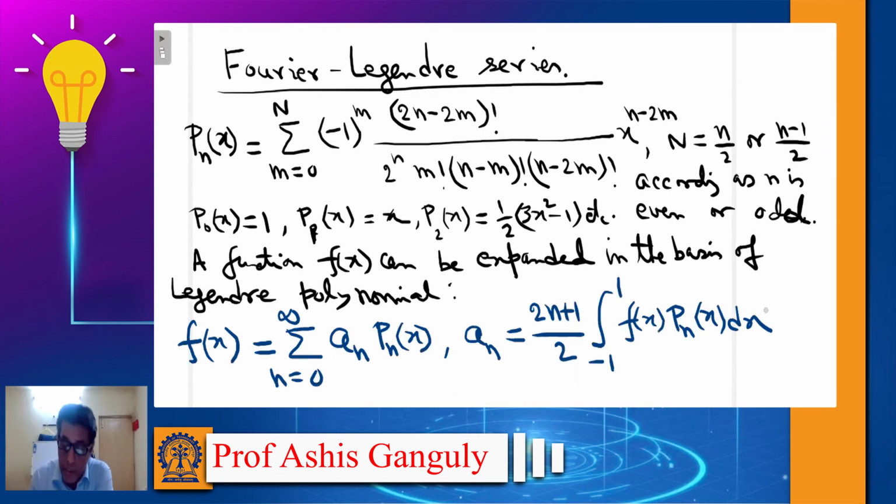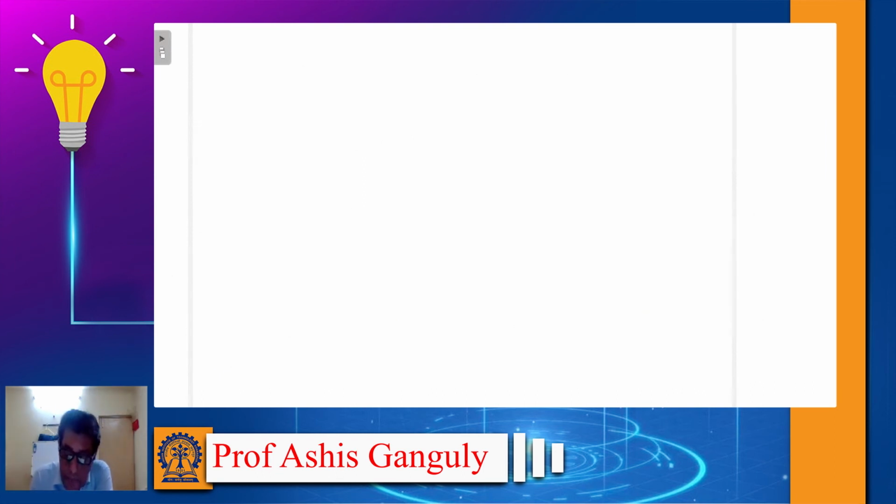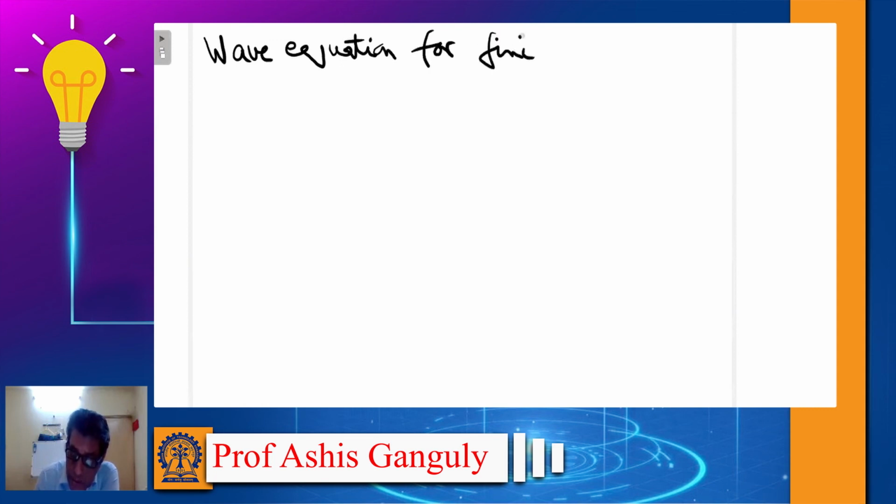Fourier series. So let me go now to the wave equation for a finite string. Okay, so write down the title: wave equation for a finite string. A string of length L is tied at both ends. So this time there will be boundary conditions at both ends. So let me write down the problem.